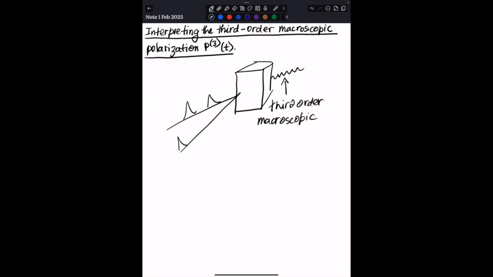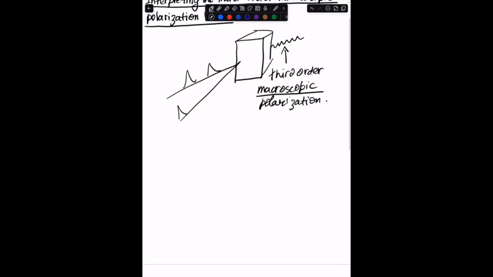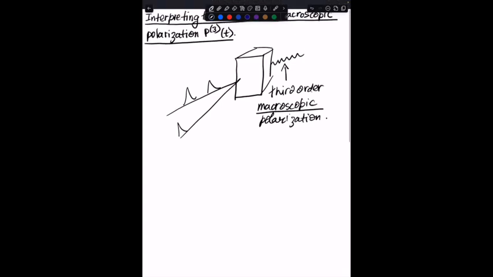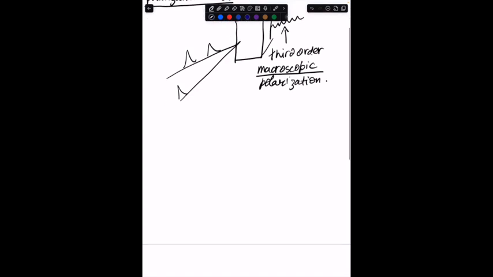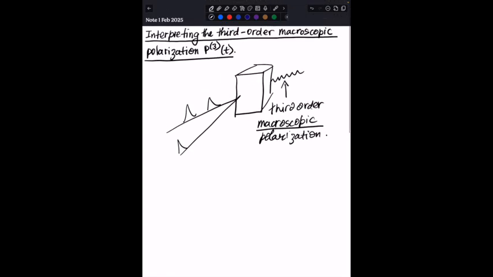So I did not use the word macroscopic in the previous class, but it is implicitly assumed that polarization is a macroscopic quantity and not a microscopic quantity. Yes.